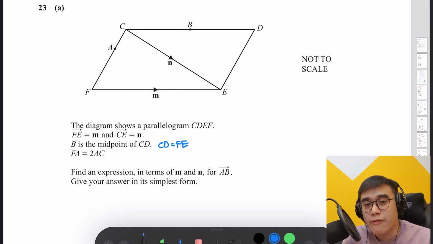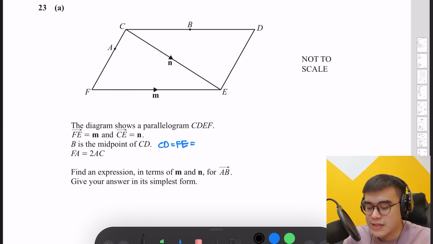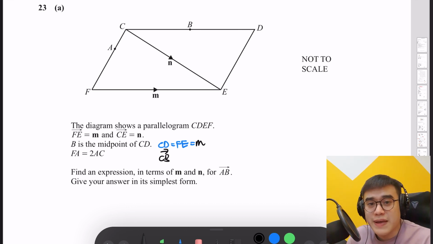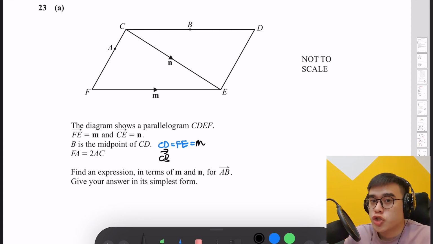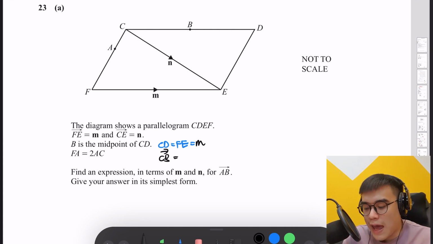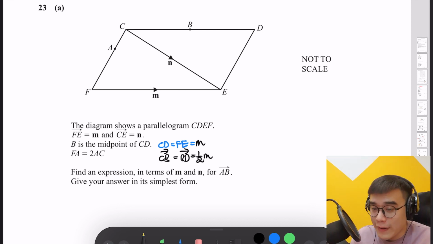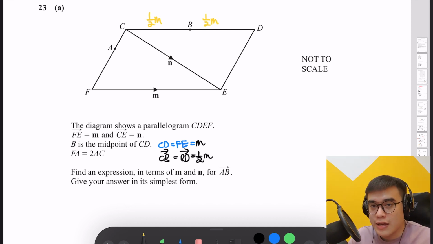Since it's a parallelogram, you have to know that CD and FE are the same, and FC and ED are basically the same. So I know FE is m, which means CD is also m. Since B is the midpoint, I know that CB is half m and BD is another half m.